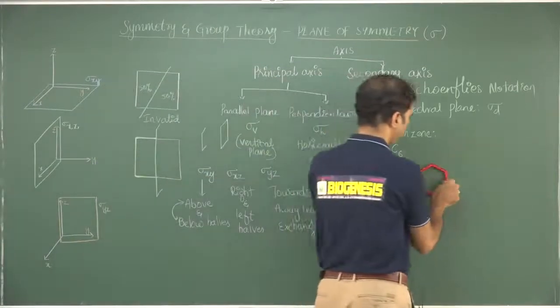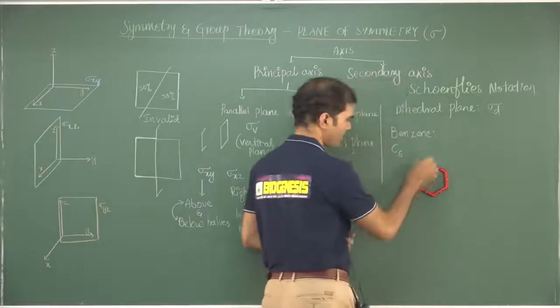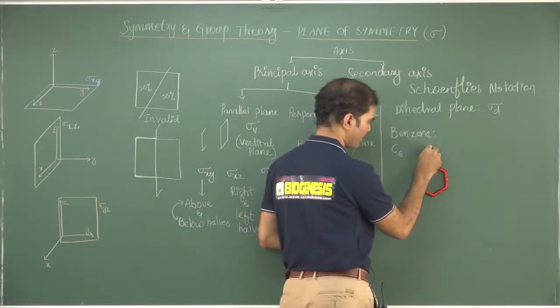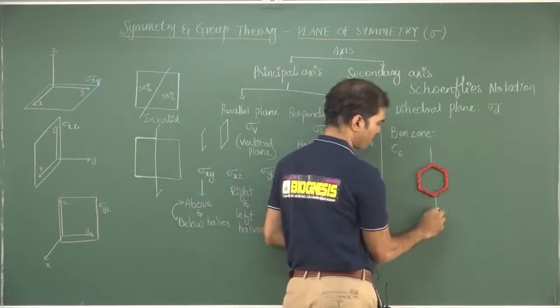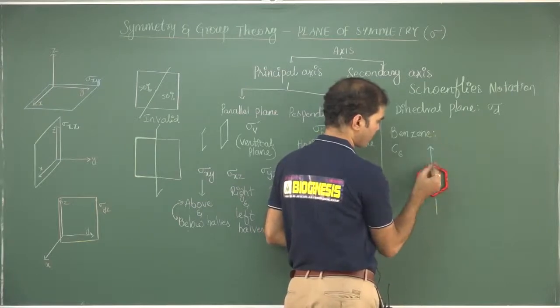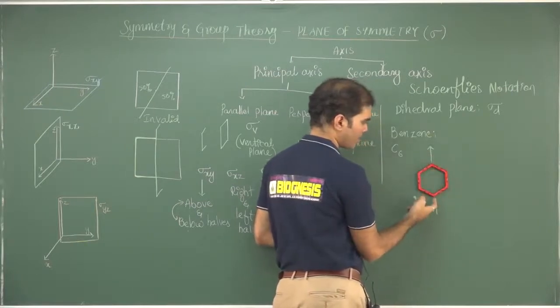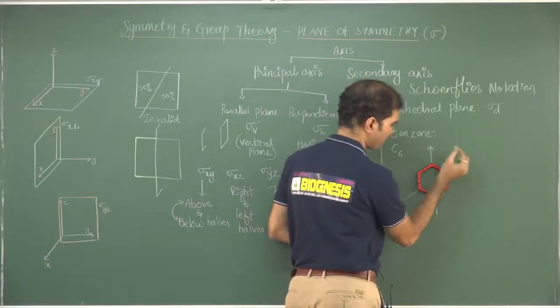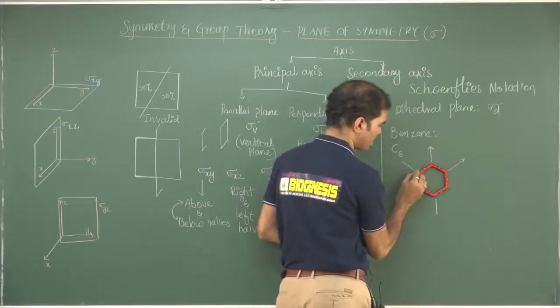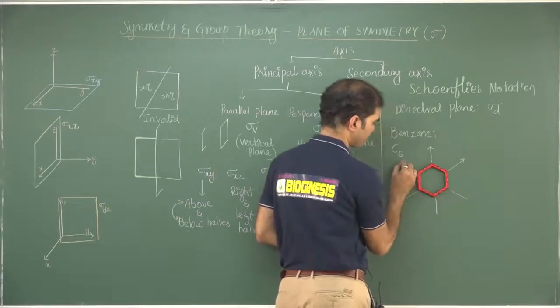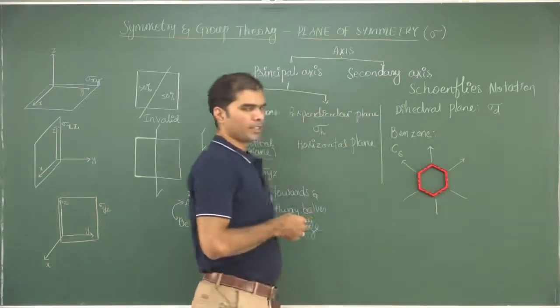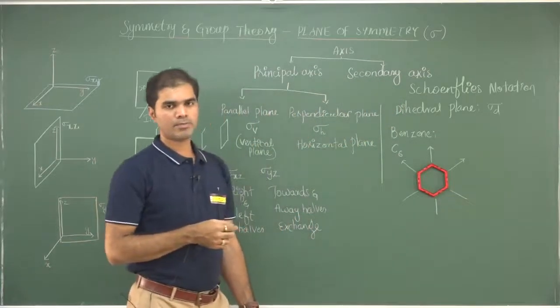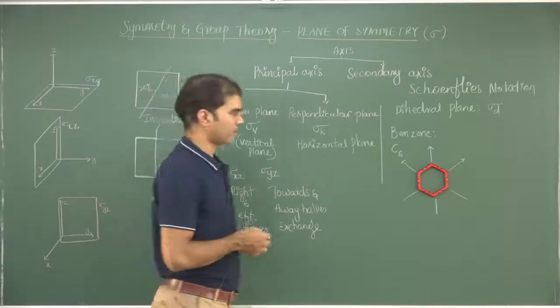Now this is one C2, so from here I can pass a C2. From the opposite carbons or the hydrogens, this is another C2, and this is a third C2. Altogether there are 3 C2s passing through the opposite carbons and the hydrogens.